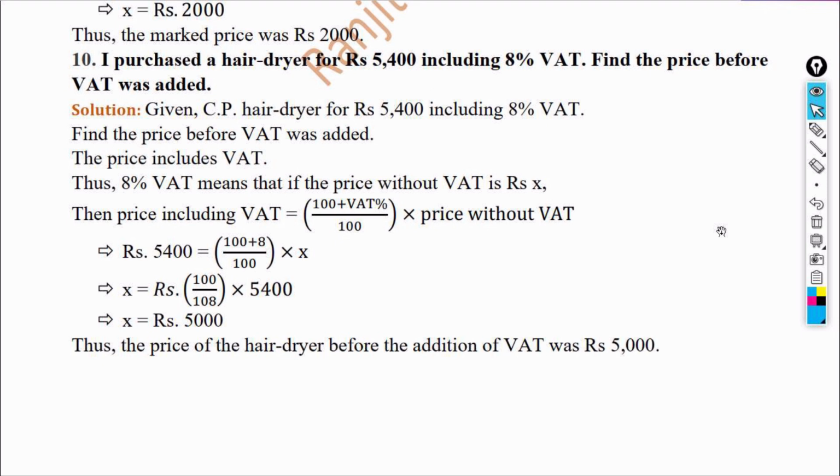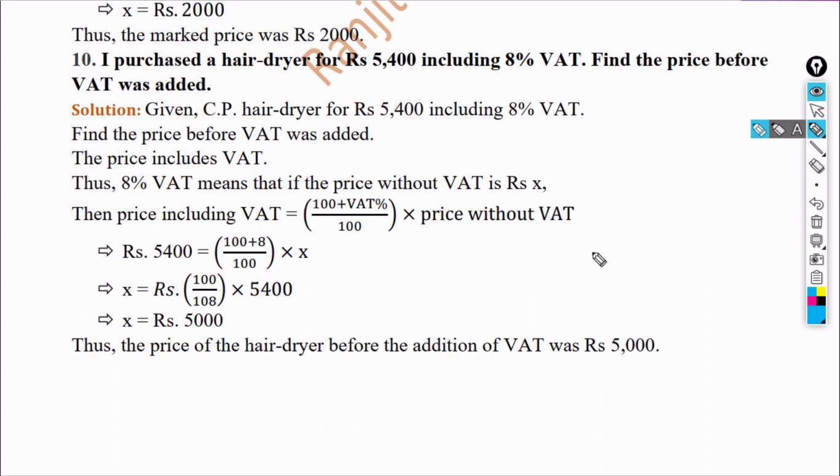Now price without VAT is supposed as X, and price including VAT is rupees 5400. Put down the values, you will get X equals rupees 100 by 108 into 5400.